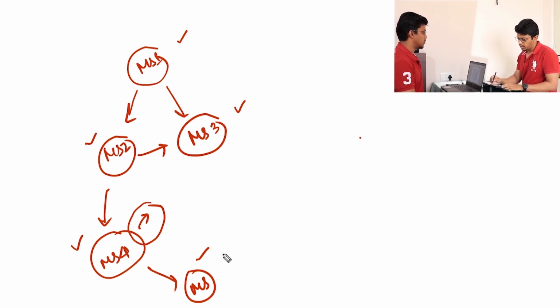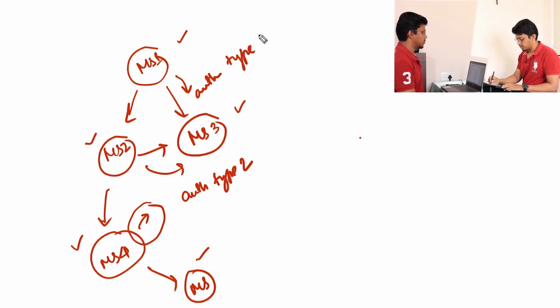And on top of that, we need multiple layers of authentication. Microservice 3 may be able to access a few of the applications or a few of the APIs. So this one will give auth, this one may have authorization type 2. Here we need to implement multiple types of authorization, for each individual application we need to give multiple layers of authentications or authorizations.